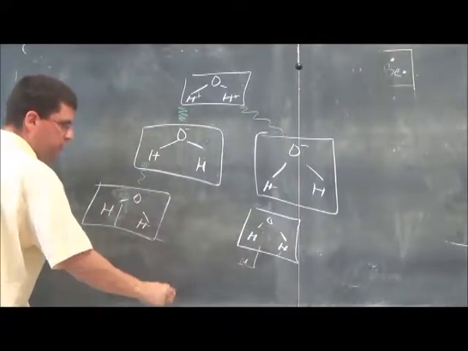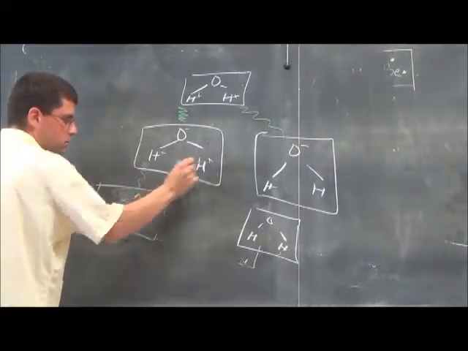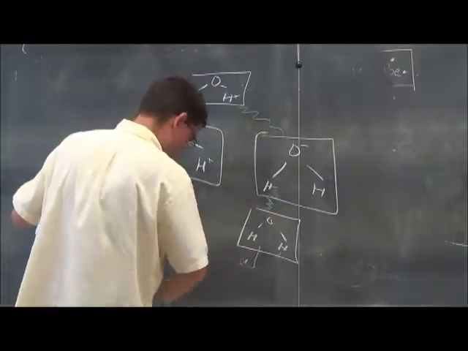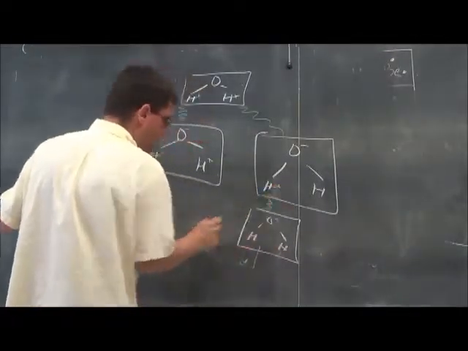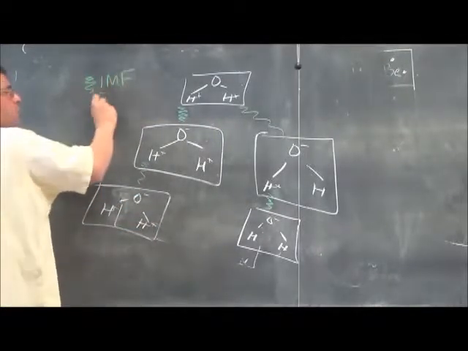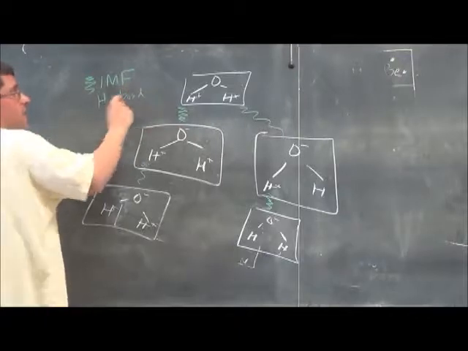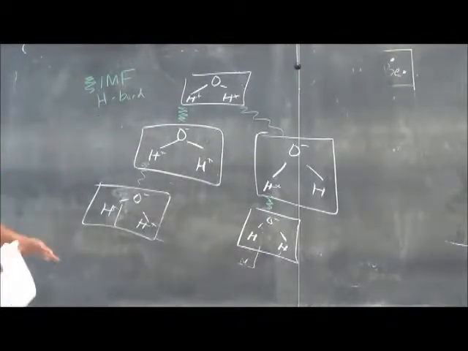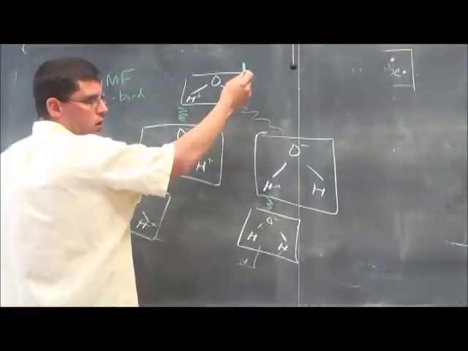Ask yourself, what is the green squiggle line? What is the green squiggle line? The green squiggle line is the intermolecular force. It's the hydrogen bond in the intermolecular force method. Now look here. Here is water.